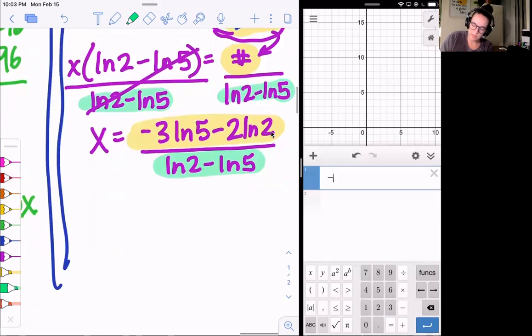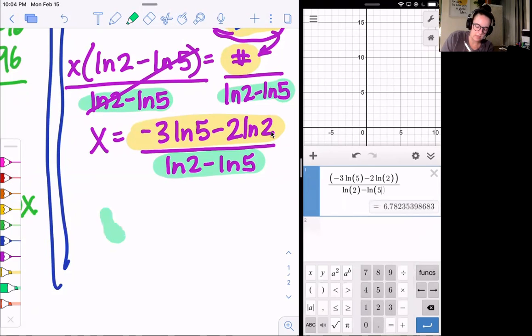If you put negative 3 natural log of 5 minus 2 natural log 2, that's on the top, divided by natural log of 2 minus natural log of 5.